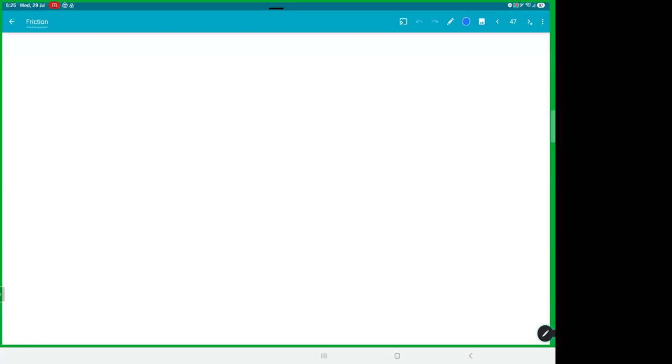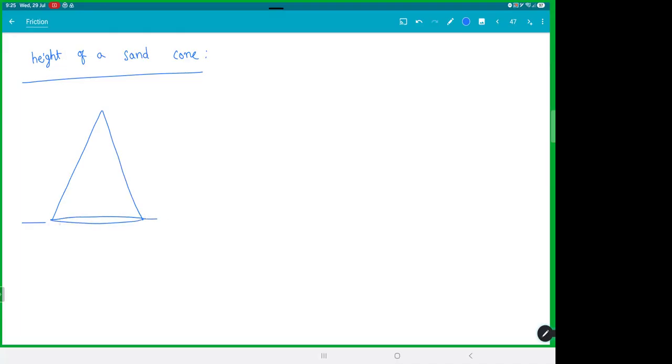One case is the height of a sand cone. If you've ever been to a beach and tried to make a sand cone, you must have noticed it. As the height increases, the base also keeps becoming bigger and bigger. If you make a cone out of sand and look at any sand particle here, there are two forces, pushing the thing up and down.